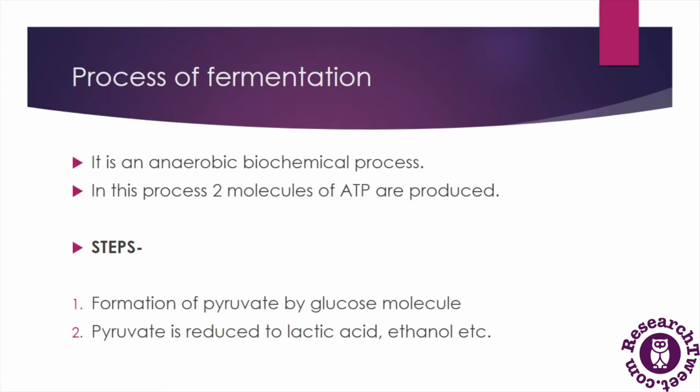This pyruvate undergoes reduction and forms lactic acid or ethanol and many other types of molecules. But in the case of cellular respiration, this pyruvate undergoes pyruvate oxidation and converts into acetyl coenzyme A and further takes part in the citric acid cycle.